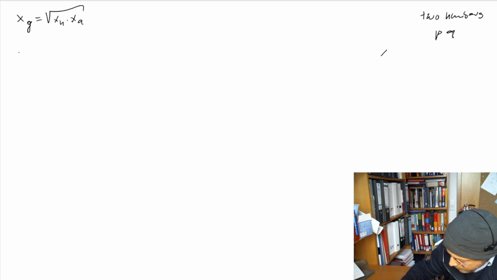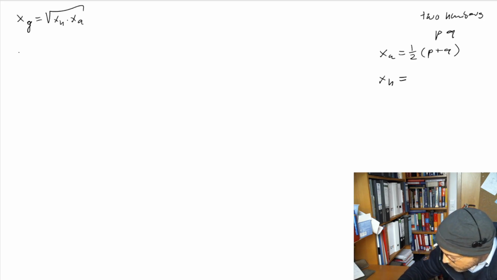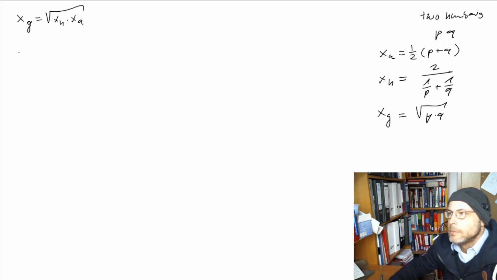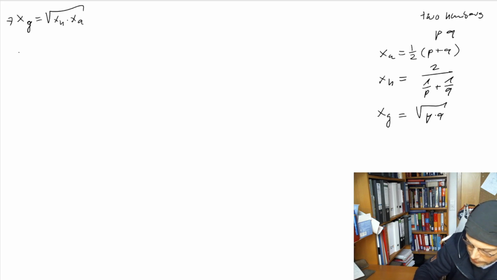We have xa equals 1/2 p plus q, and xh equals 2 over 1 over p plus 1 over q, and we have xg is square root of p times q. So I think the first thing we do here from this formula is quite clear.